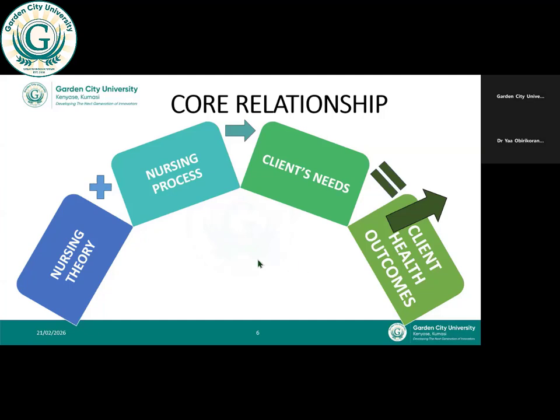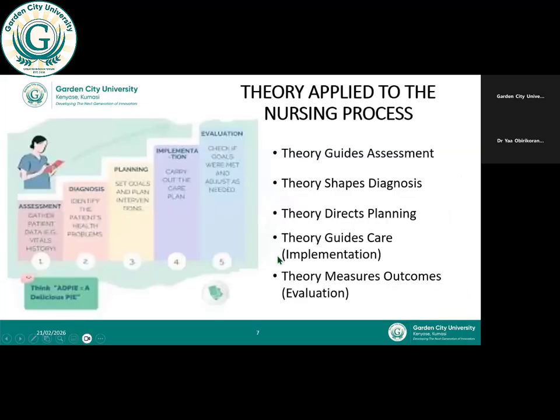So let's quickly look at how you can apply the nursing theory to the nursing process. Okay, so we will pick one nursing theory and then we would use it to meet the needs of a particular patient. So how do you apply the nursing theory to the nursing process?